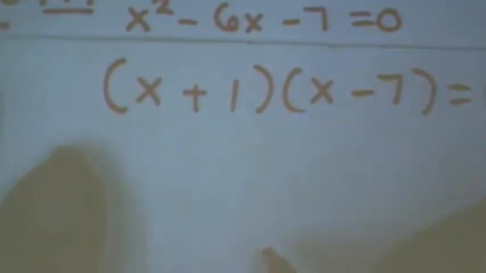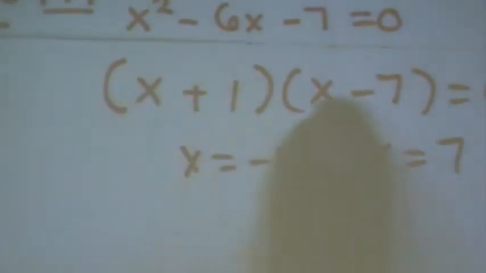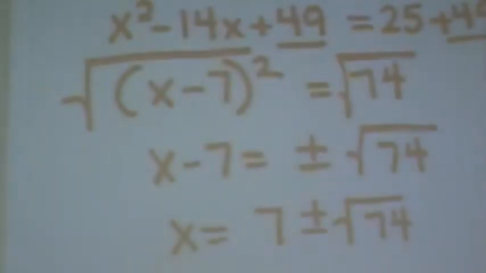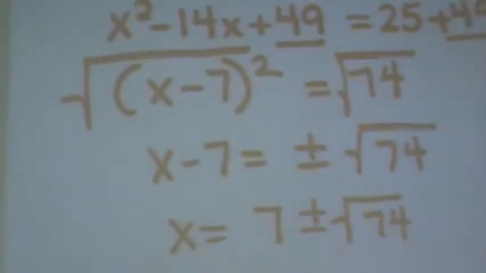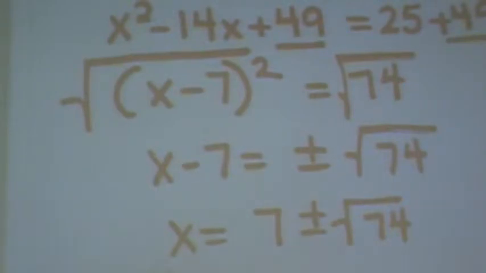Look at how quick you could have done that, and your answers are -1 and 7. But guess what? You can't factor all problems. I just showed you an example of one that you can't factor. That one's not factorable. So you need another method, because you might be thinking, why can't we just factor them all? Because some are not factorable. Plain and simple. Okay?